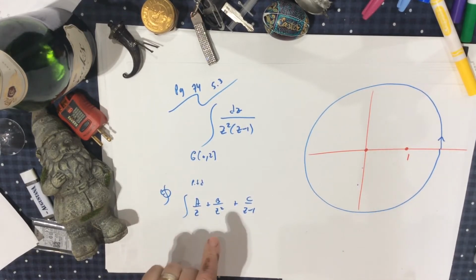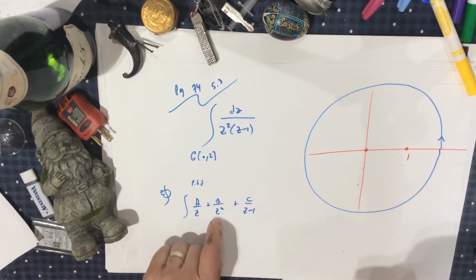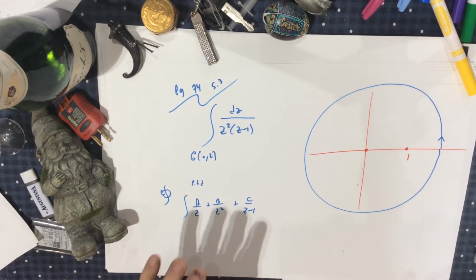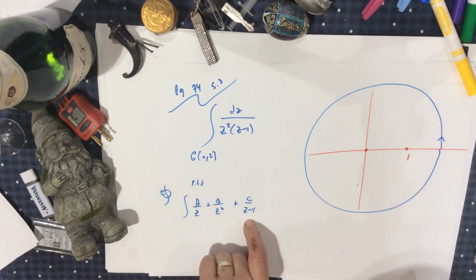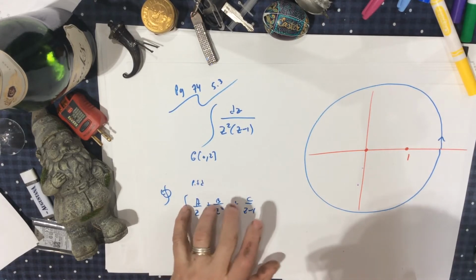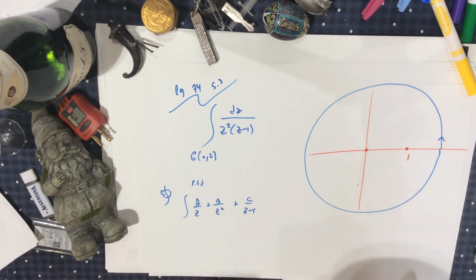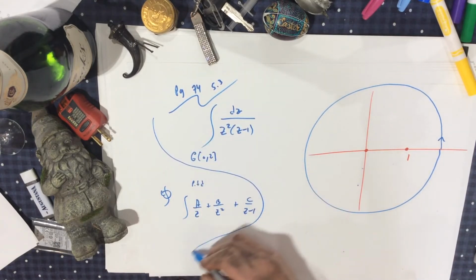This one will make use of the extension to Cauchy's theorem because it looks like an evaluation of a derivative. And this one will be Cauchy's integral theorem normally. And we just have to observe that the A, B, C on top are going to be constants. Therefore, the numerator is a holomorphic function in the entire plane. But I want to use my tools. I mean, somebody gave me a power tool.